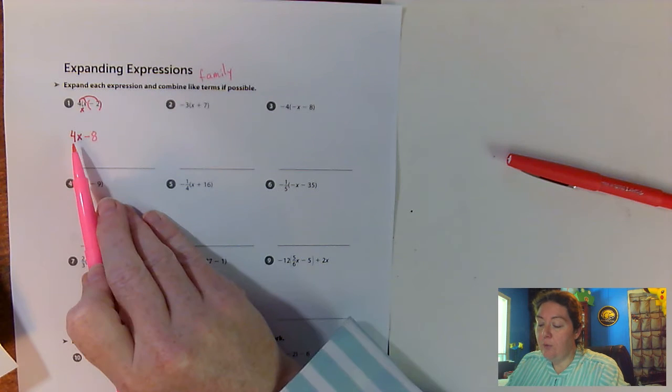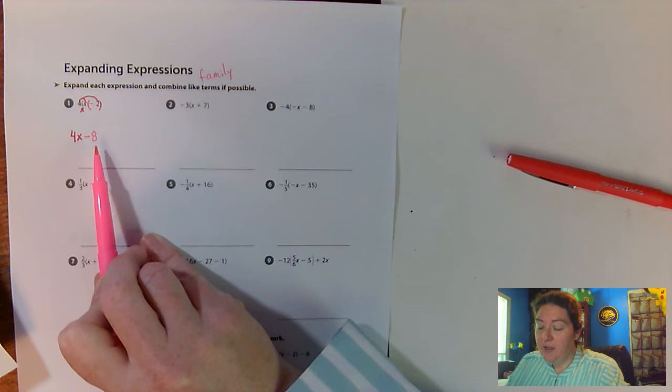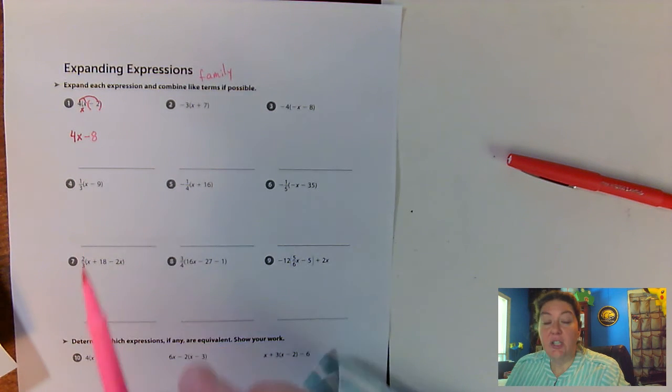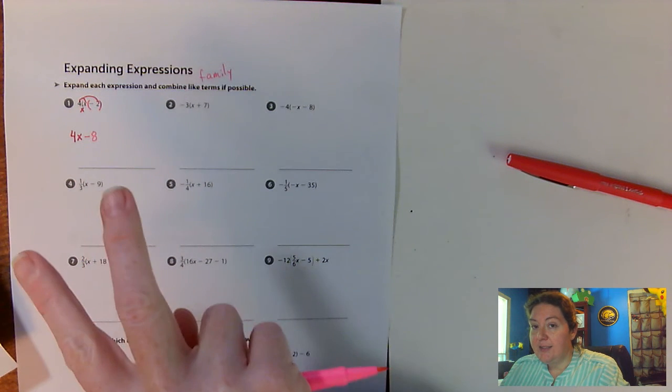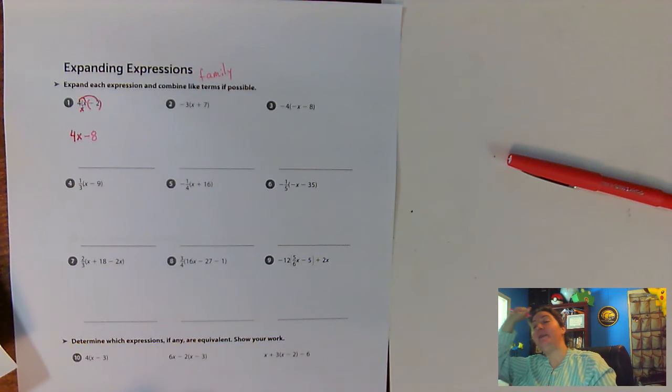So I have 4x minus 8. I have the X family and the plain Jane family. Is there anything else I can do? Can I combine 2 different families? No, I cannot. You know what that means? Mic drop. I'm done.